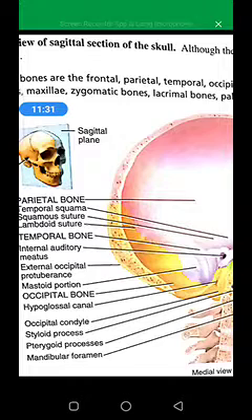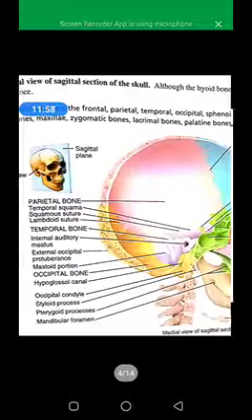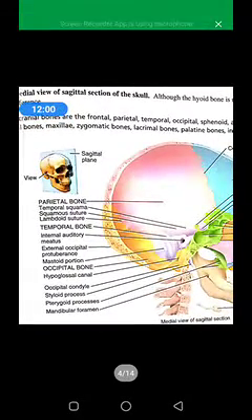Then there is the occipital condyle, the styloid process, the pterygoid process and the mandibular foramen. You can see various structures from the back: the mandibular foramen in the mandible, the pterygoid process, the styloid process and the occipital condyle.